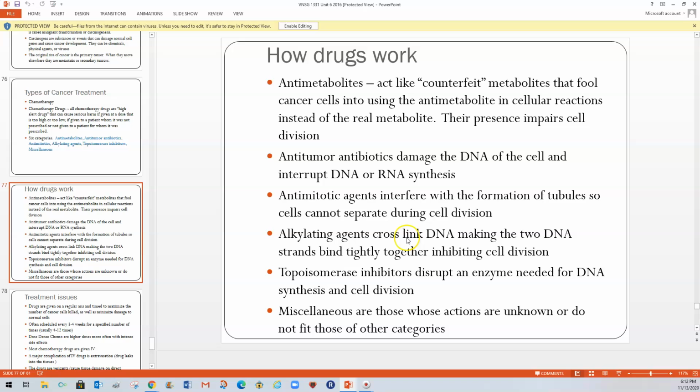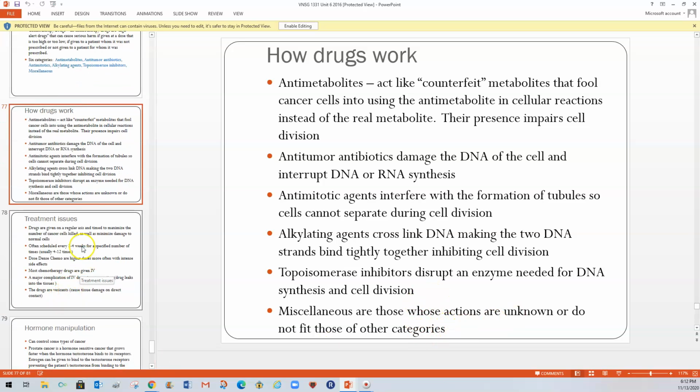Alkylating agents cross-link DNA, making the 2 DNA strands bind tightly together, inhibiting, again, cell division. Topoisomerase inhibitors disrupt an enzyme needed for DNA. So see, almost all of these are working on the DNA of the cell to stop their action. Miscellaneous are those whose actions are unknown, so a lot of treatments.